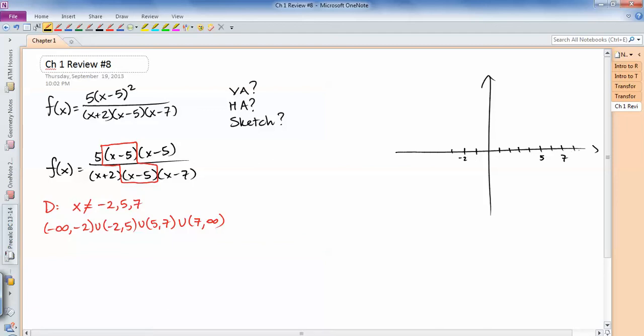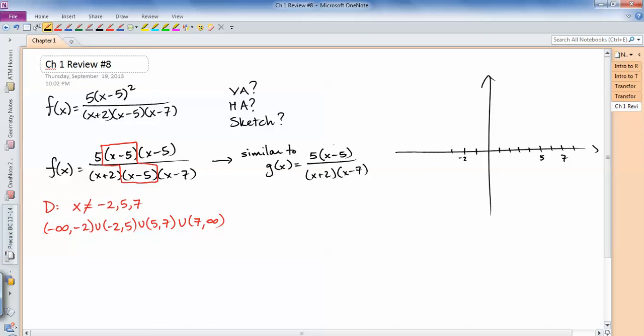Another thing to note is if I were to actually cancel those two terms, then I'm going to get a function that's just like f of x. So I'm going to call it g of x equals 5(x minus 5) over (x plus 2)(x minus 7).